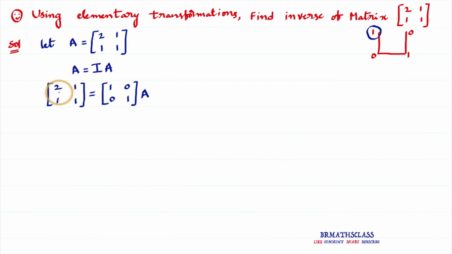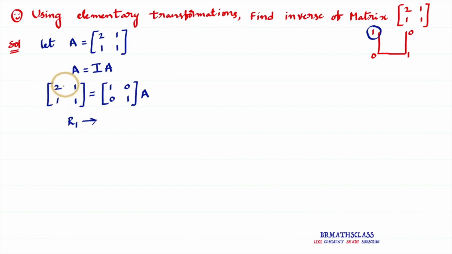How? To make any element 1, particularly in this model, you just multiply the complete row with 1 by 2 or just divide with 2. You observe this. This is the element I want to convert into 1. This is in which row? This is in first row. So I'll write like this. First row R1. How R1 changes? I want to make this element 1.